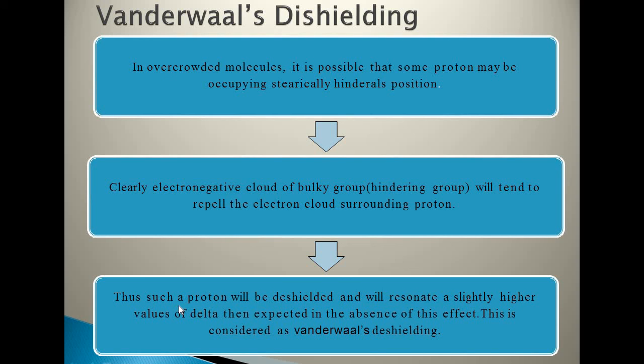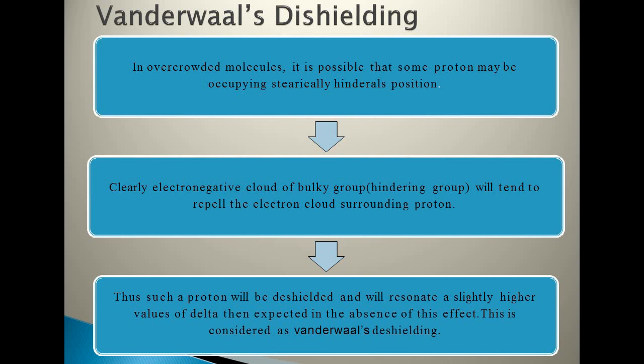In such cases, the proton will be de-shielded and will resonate at a slightly higher value of delta than expected in the absence of this effect, and this is considered van der Waals de-shielding. Simply, we can say that if the proton is in a shielded position and is attached to a bulkier group, that is 3 or 4 different bulky groups, then steric hindrance is observed from that bulkier group and the electron density gets pulled away from the proton.